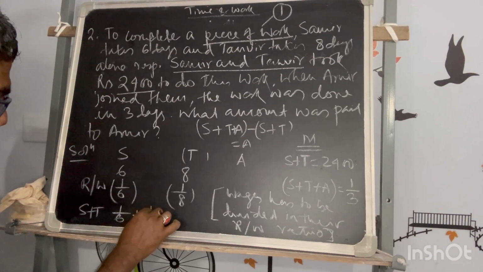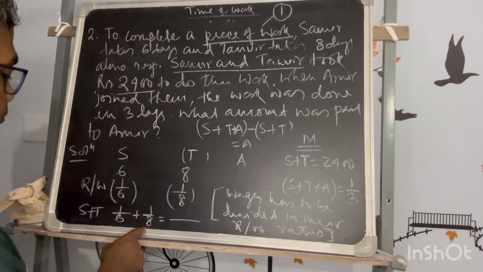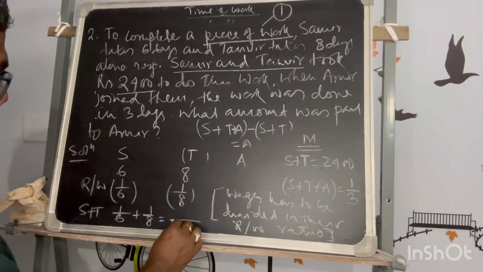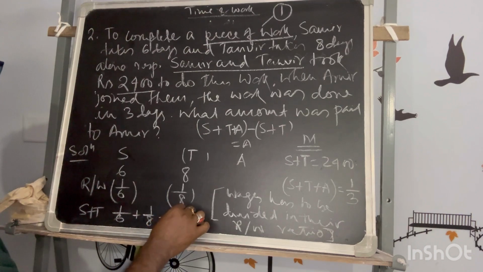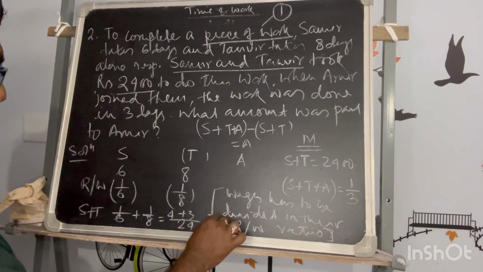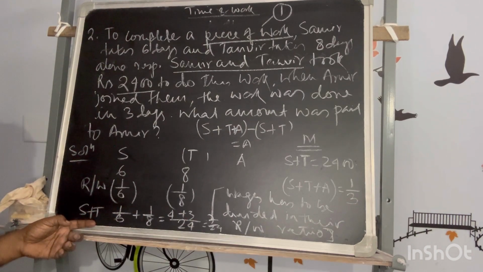Rate of work is 1 upon 6 plus 1 upon 8. The LCM is 24, so that is 4 plus 3, 7 upon 24, their rate of efficiency together.